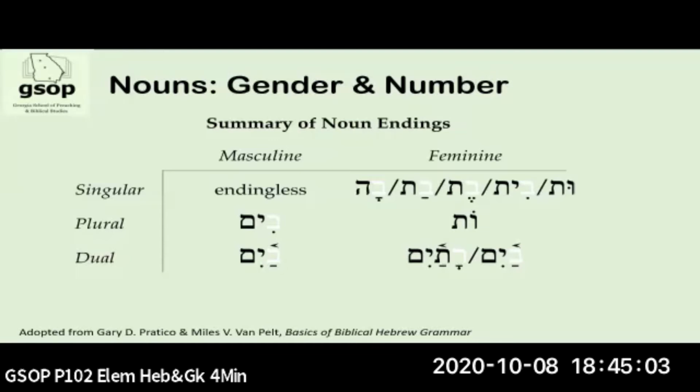Now the feminine words have a little more complexity, not a whole lot, but basically the singular words are going to end in the kamates hey, the patach tav, the segol tav, or the hirik yod tav, or the shuruk tav. That's typically the endings for words that are feminine in the singular form. And then to make it plural, you just change those to a holam vav tav.